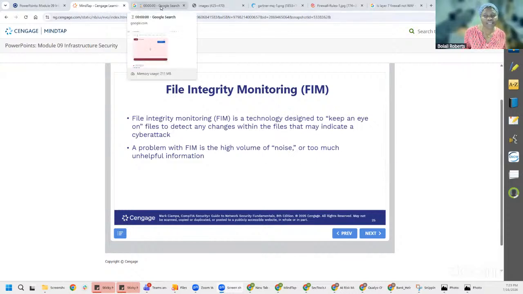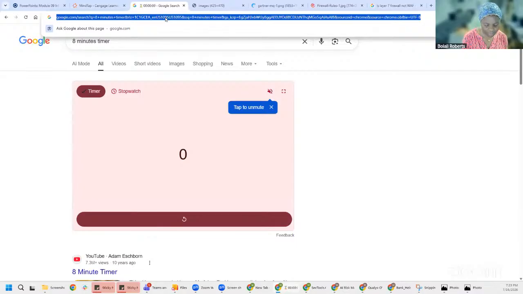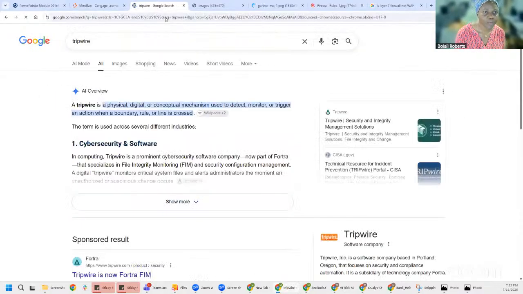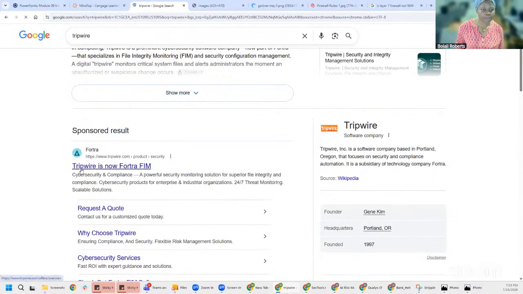I remember at the beginning of my career, I was deploying Tripwire for the first time. Tripwire was the name then. It's now Fortra FIM, right? So Tripwire FIM back then.